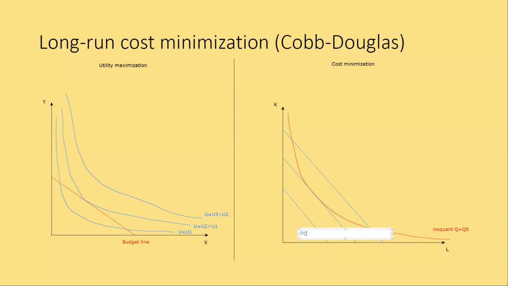This is TC equals TC1. This is TC equals TC2, that is going to be larger than TC1. And on the rightmost, it is the isocost line represented by TC equals TC3. And because it is on the right, we know that TC3 is going to be even larger than TC2.